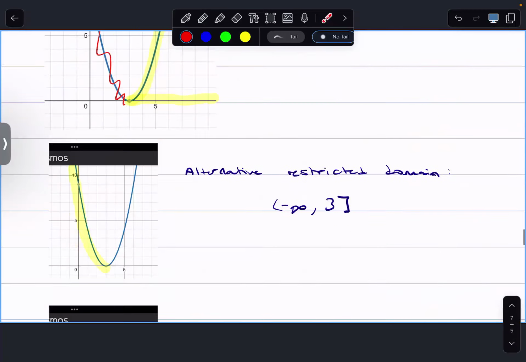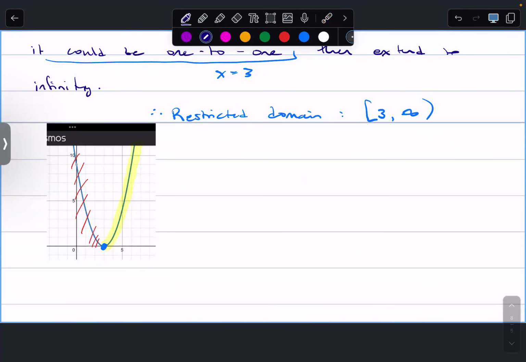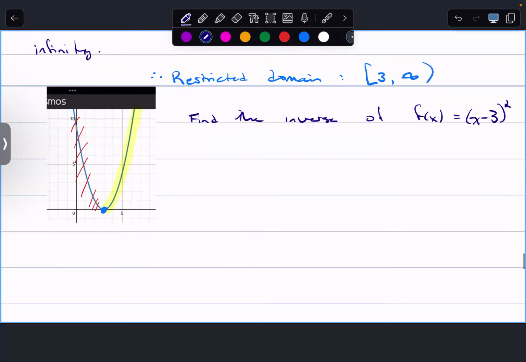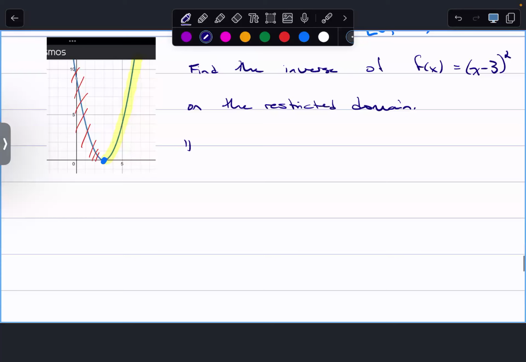Okay. So now we're going to find the inverse of f of x equals x minus 3 squared on the restricted domain. To find the inverse, what did we do first? I'll outline the steps again. I like to replace f of x with y. That's the nicest first step.